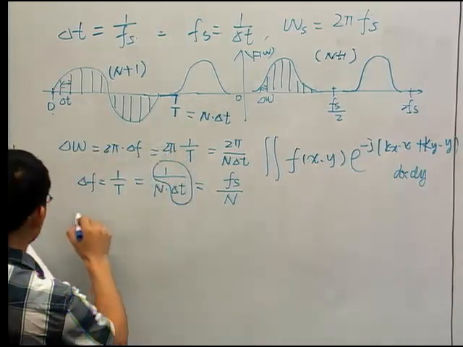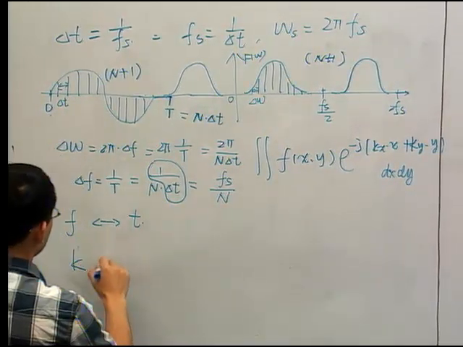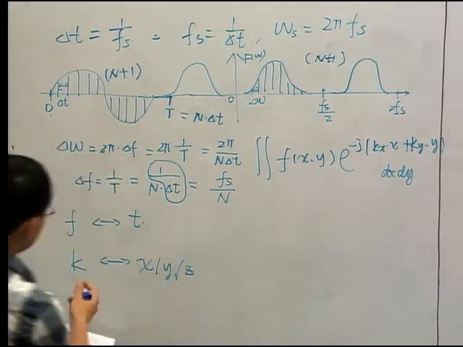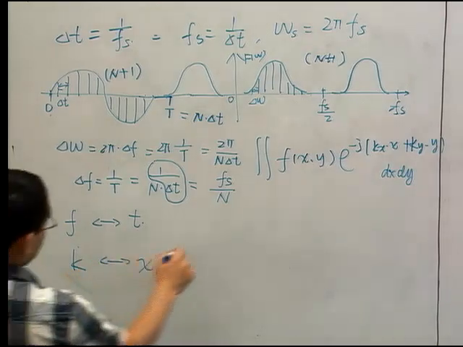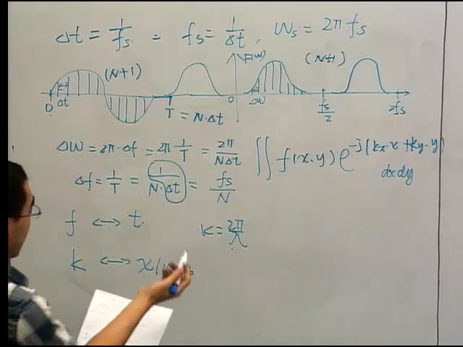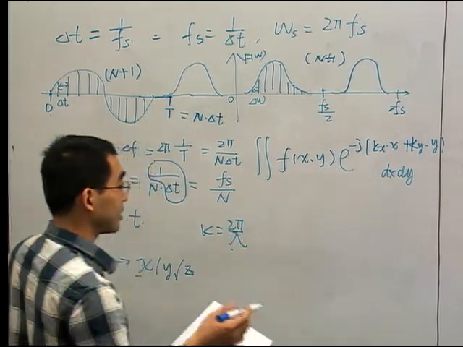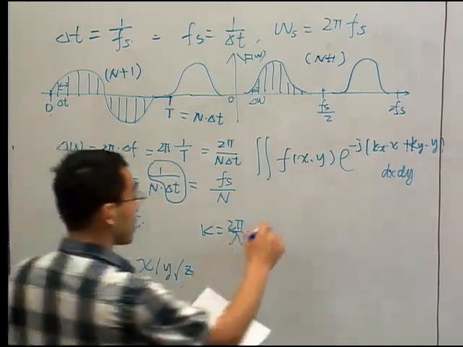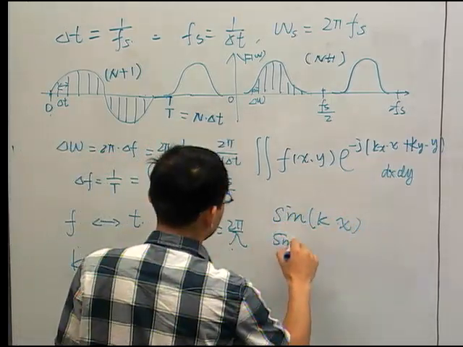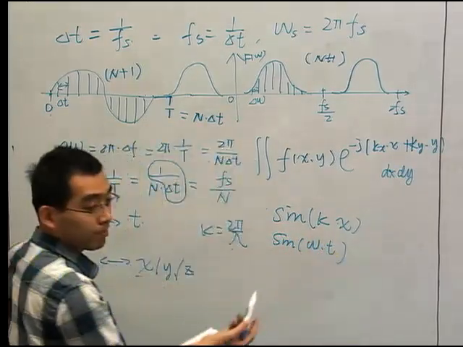So that's another pair, as f and t. Another one is k and x, or maybe y, or maybe z. This is another pair, because k is equal to 2 pi over lambda, and lambda is in the dimension of this space, right? So in the x side, you probably see something like sine kx, not sine omega t, but basically that's the same.